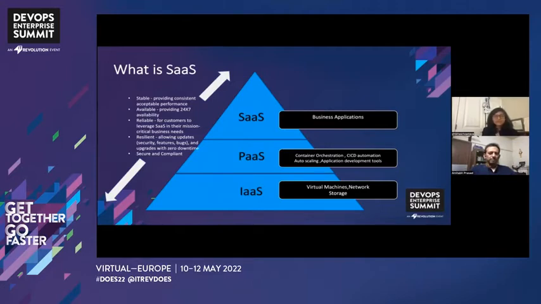Resiliency: SaaS should be able to upgrade and update with security features and bug fixes with zero downtime. And security and compliance goes with the SaaS hand in hand. SaaS requires some data to be saved. SaaS requires the services to be compliant, no CVEs, etc. And all of that is security and compliance. And there are a lot of regulatory compliances that SaaS has to adhere to. All of this and more constitutes the SLA, which is the service level agreement that any of the SaaS consumers looks for in the SaaS service before signing up to use that SaaS.